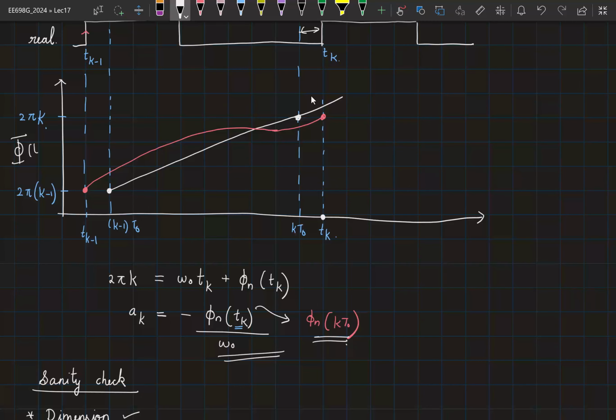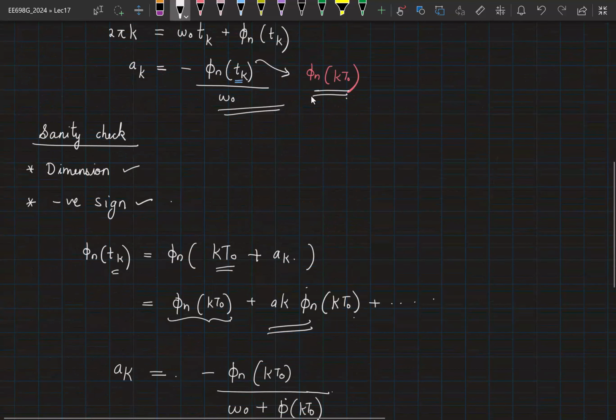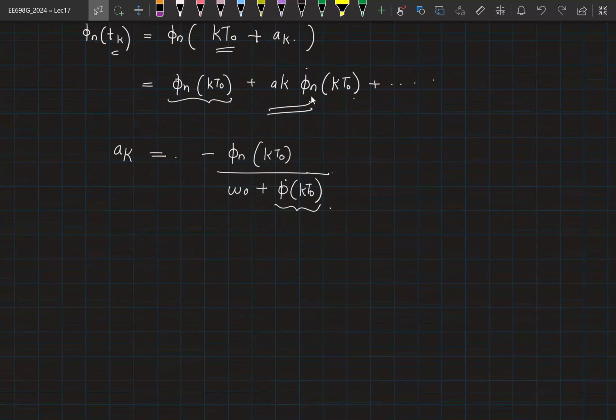Now if I were to plot phi n of t, it will be flat, it is going to look like this, right? So the assumption is, if phi n is varying very slowly around Kt naught, then I can ignore this to be 0, and your expression simplifies to minus phi n of Kt naught divided by omega naught.